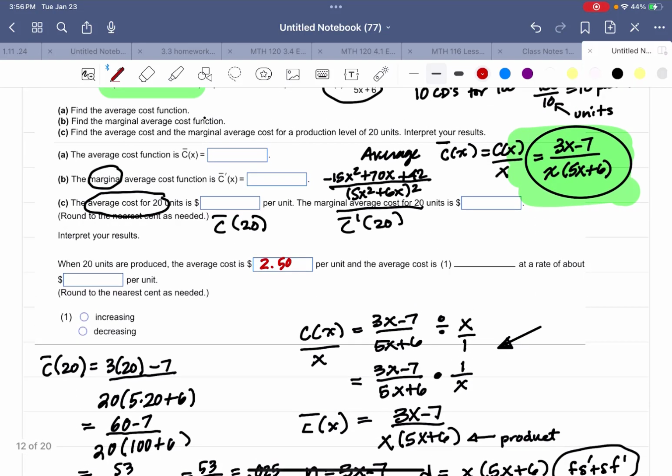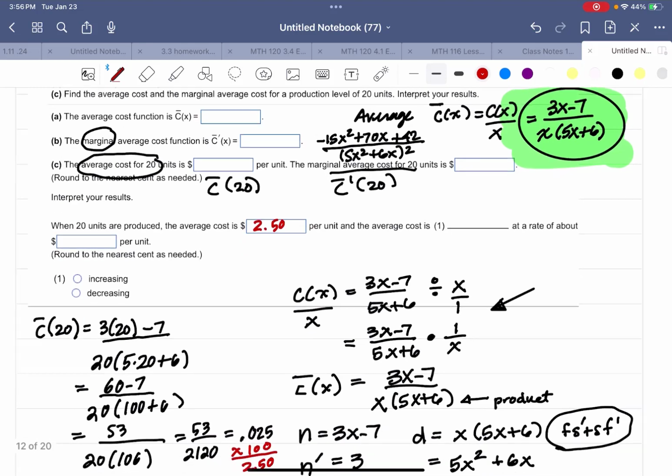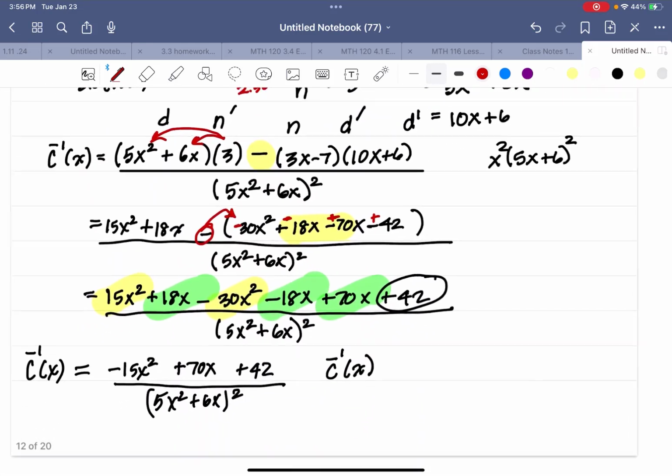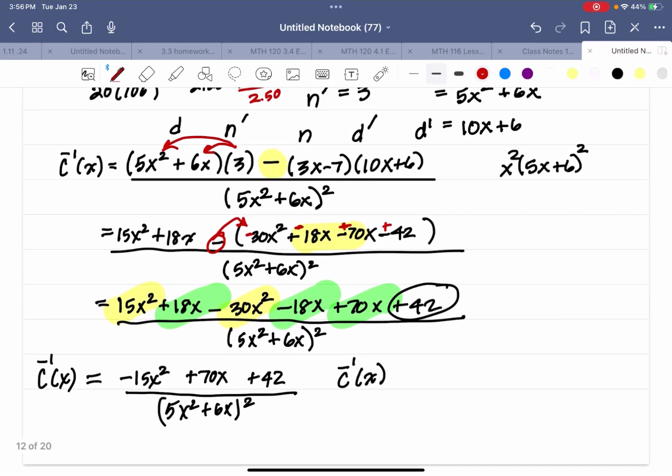Now C bar prime of 20. So we have to go down here to the C bar prime and do C bar prime of 20. So I've got negative 15 times 20 squared, plus 70 times 20, plus 42.